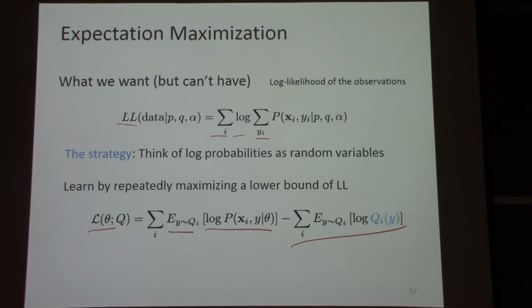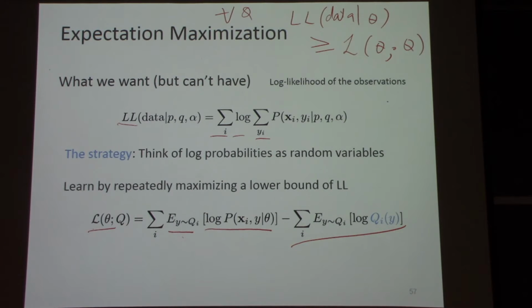And this is true for all values. So LL of the data given the parameters is greater than or equal to this script L, and this is true for all Q. Q is some probability distribution over the labels for each example.